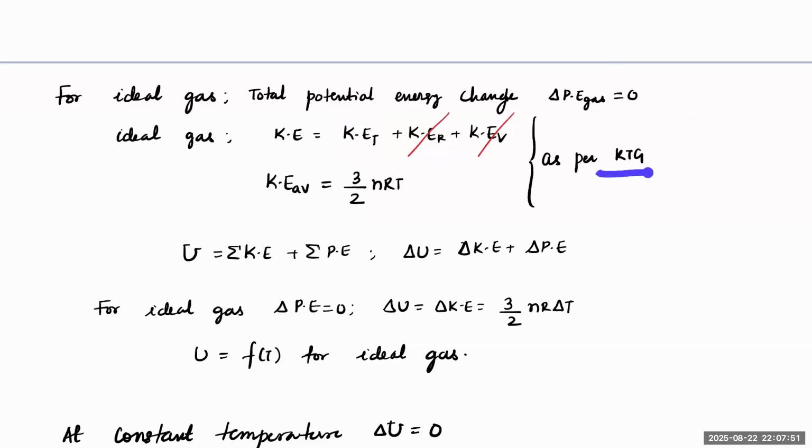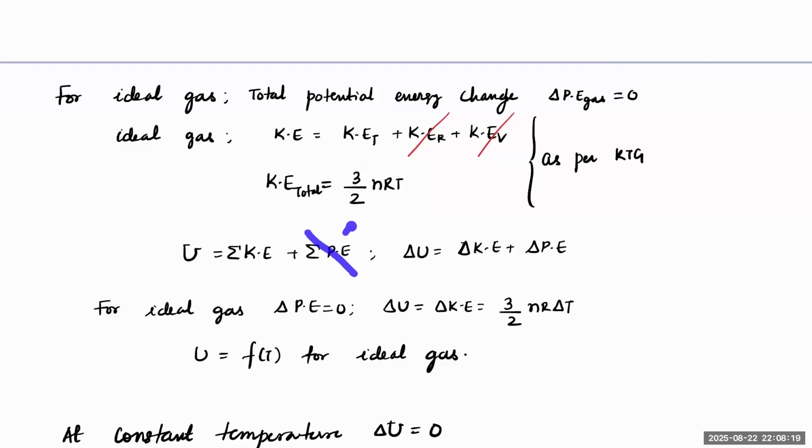And in kinetic theory of gases, we learned that the total kinetic energy of n moles of gas will be equal to 3 by 2 nRT. Correct?